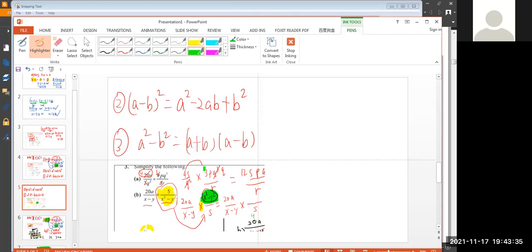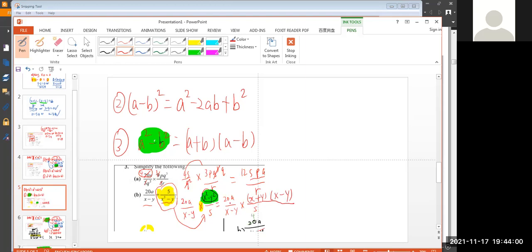So x squared minus y squared is similar to this a squared minus b squared. So if a squared minus b squared gets me this, then x squared minus y squared will get me x plus y. We'll extend this divide sign and then x minus y.